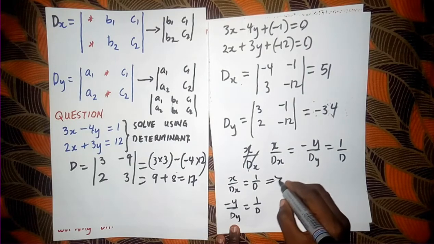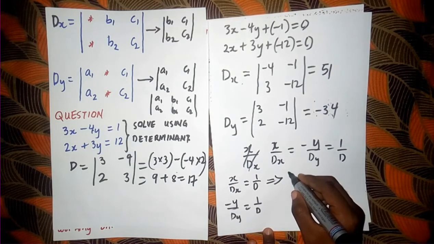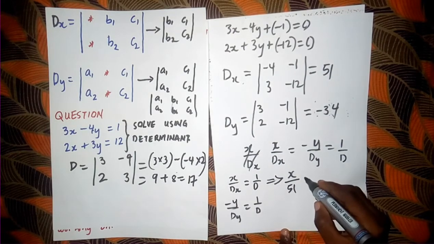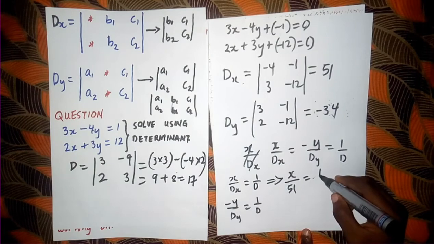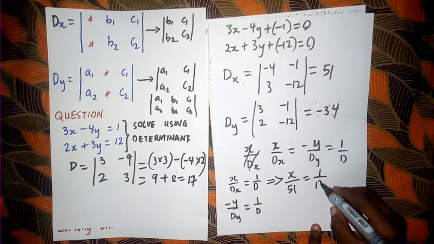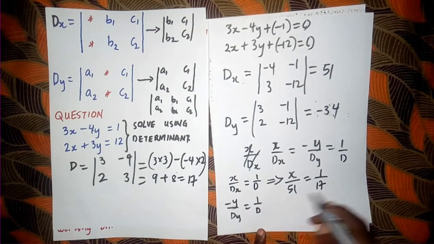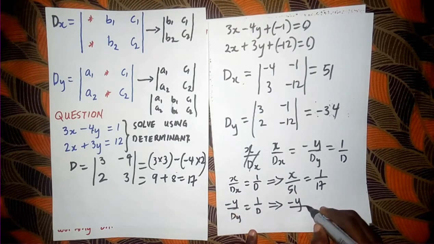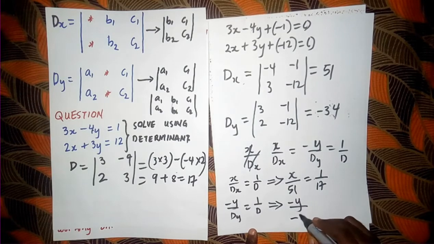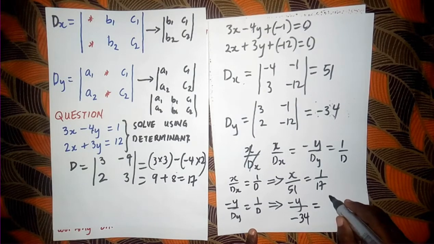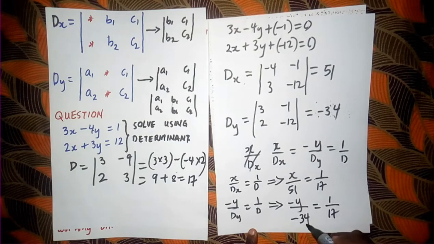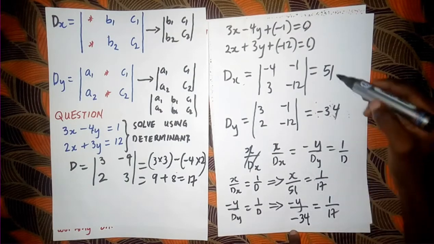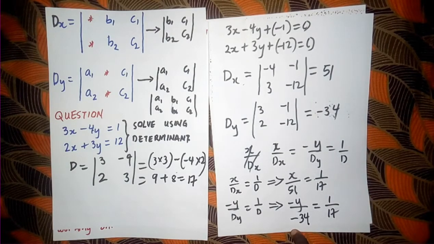Now x over dx, that is x over 51, is equal to 1 over d, that is 1 over 17. And minus y over dy, that is minus 34, is equal to 1 over d, that is 17. dy is 34, dx is 51, d is 17.